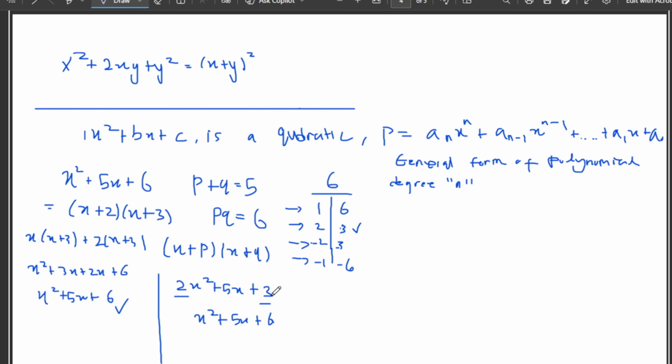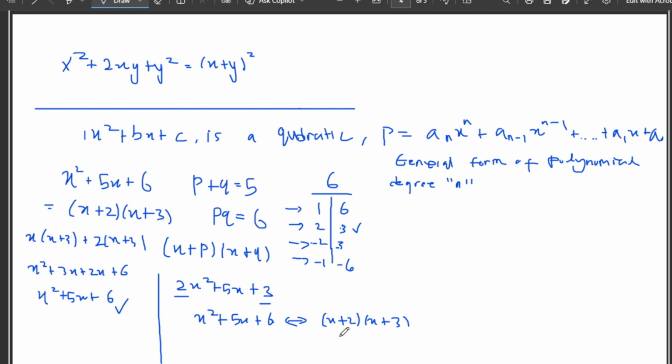So 2 times 3 is 6, and we need to factor this out. The factorized form must be what we already know, which is x plus 2 times x plus 3. And since the original has 2, we must divide both sides by 2. If it becomes a fraction, we move the 2 inside as a coefficient of the x.